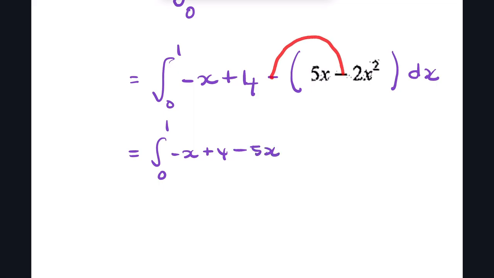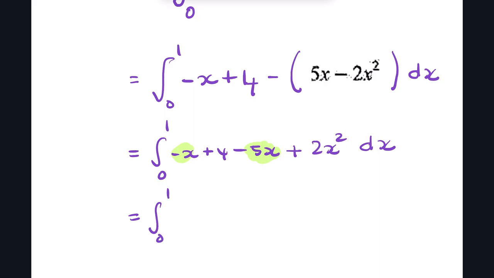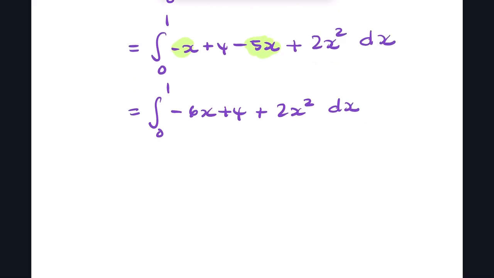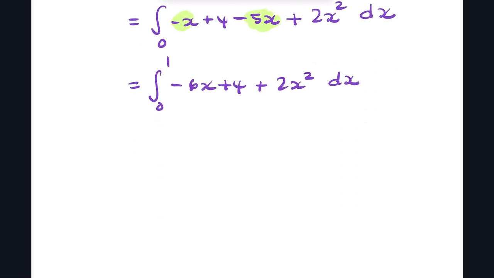And then the minus multiplied by minus gives me plus 2x squared dx. And we can collect like terms. So that gives me the integral from 0 to 1 of minus 6x plus 4 plus 2x squared dx. Now we're ready to integrate.